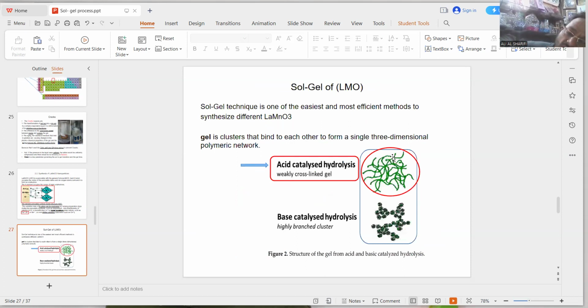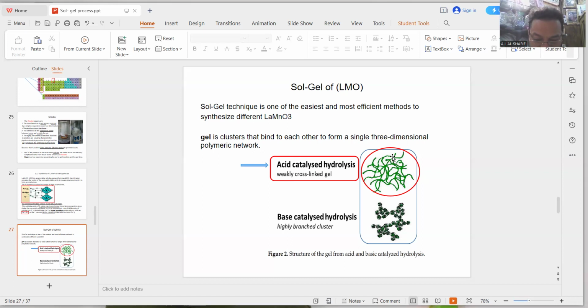Here, from this article, the sol-gel technique is one of the easiest and most efficient methods to synthesize different lanthanum manganese oxide. Gels are clusters that bind to each other to form a single three-dimensional polymeric network.